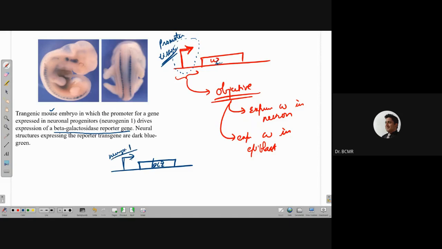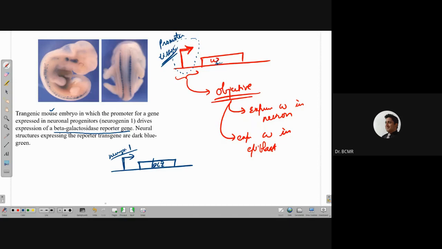So this promoter is active only in the neurons. So you can see the brain and you can track the development of the nervous system, where the nerve cells are, and so on. This is just one example of many examples that are there.